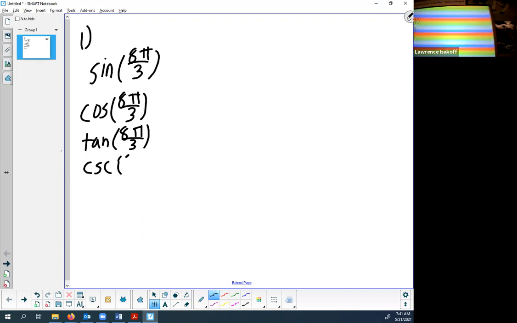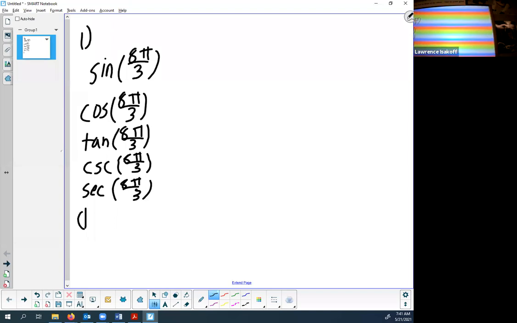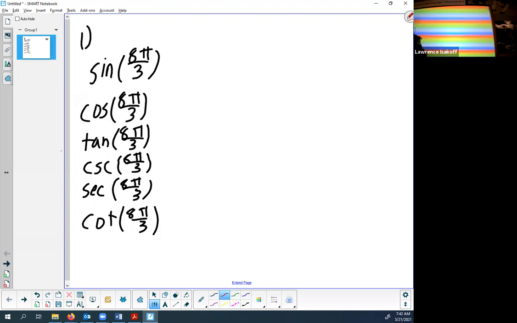Cosecant of 8 pi over 3, the secant of 8 pi over 3, and then the cotangent of 8 pi over 3. So, like I said, I need to find that reference angle with it.